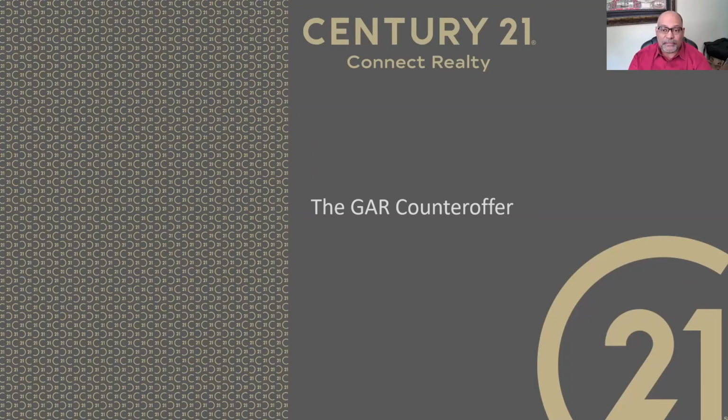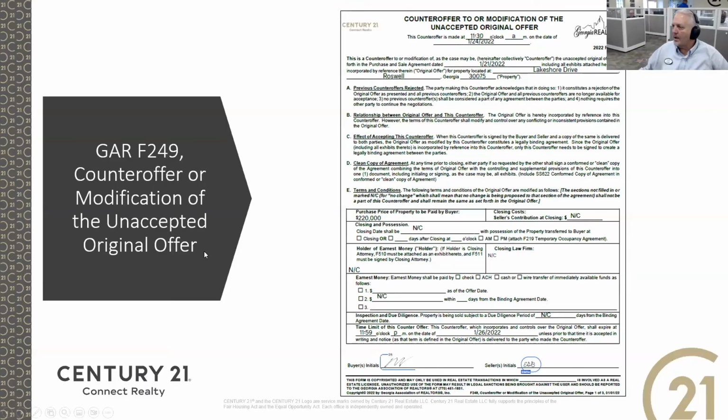There it is. Okay, here is the GAR counteroffer form. It is the F249, the counteroffer or modification of an unaccepted original offer.